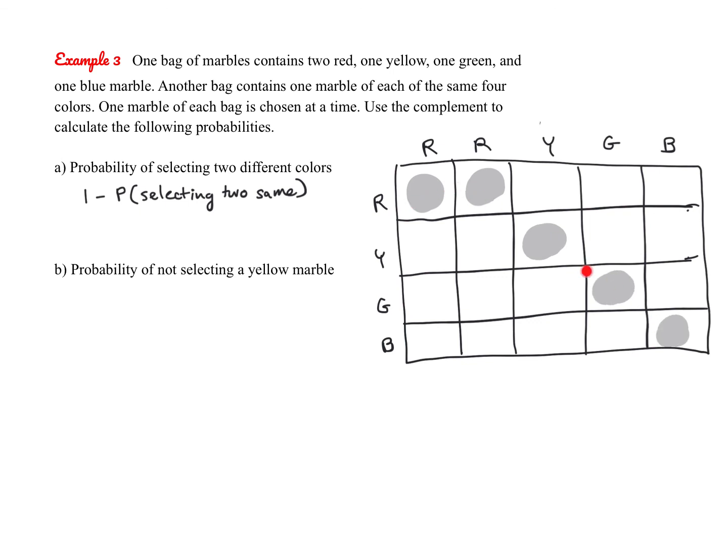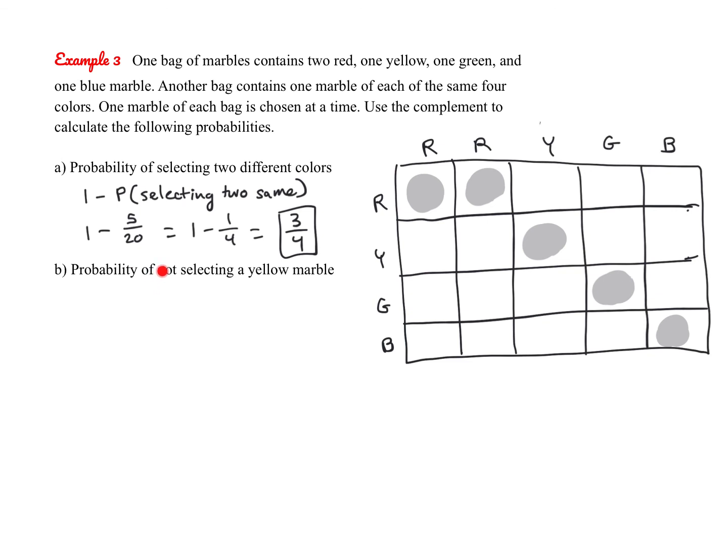So there are just 5 times when it is the same color. So the probability of it being the same color would be 5 out of 20. So we just do 1 minus 1/4, so 3/4. Again, instead of counting all the times when it could be different colors, we could just count the number of times when it's the complement of that, which would be the same color, because there are fewer options to count.